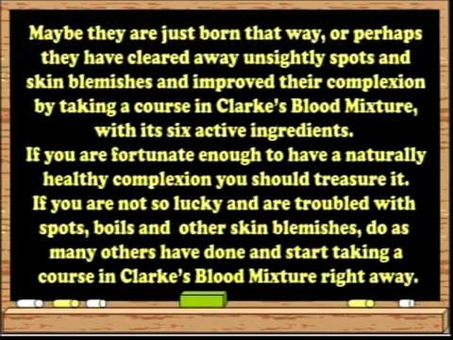Maybe they're just born that way, or perhaps they have cleared away unsightly spots and skin blemishes and improved their complexion by taking a course in Clark's blood mixture with its 6 active ingredients. If you are fortunate enough to have a naturally healthy complexion, you should treasure it. If you are not so lucky and are troubled with spots and boils and other skin blemishes, do as many others have done and start taking a course in Clark's blood mixture right away.